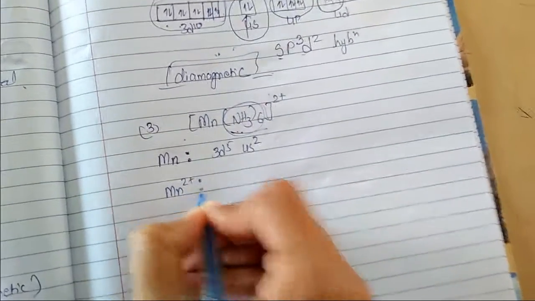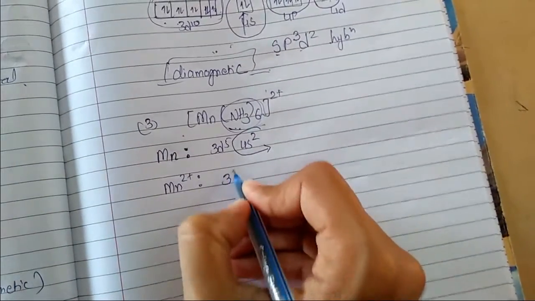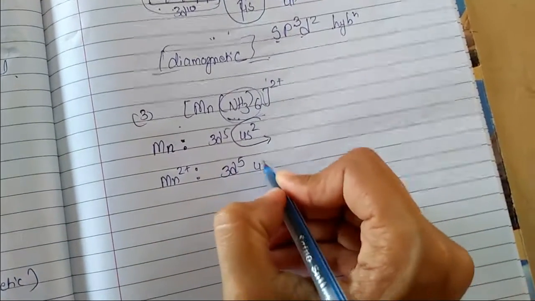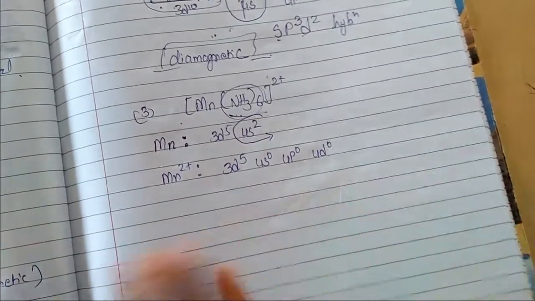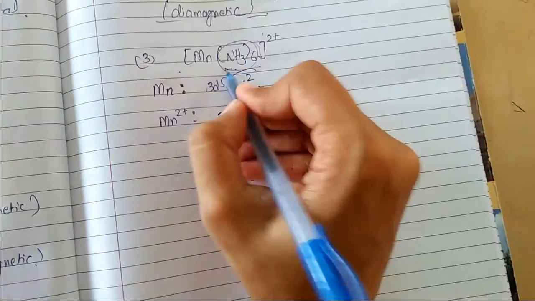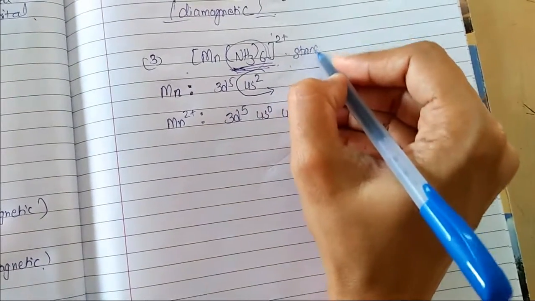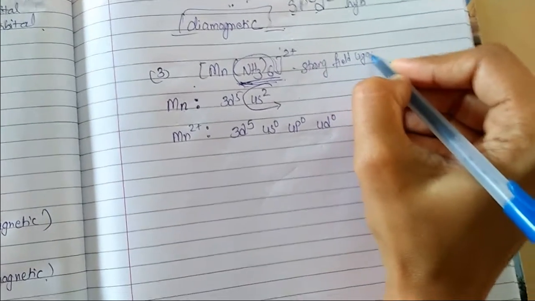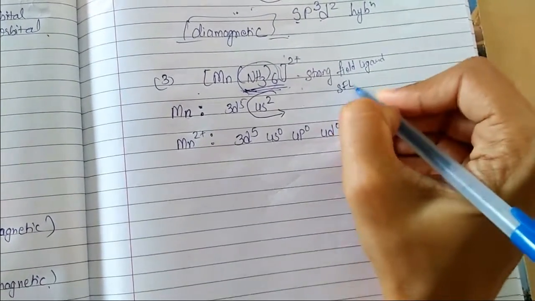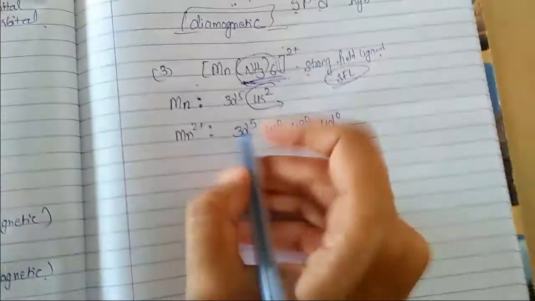So in Mn plus 2, the 2 electrons will be removed from 4s, and it will give 3d5, 4s0, 4p0 and 4d0. Now this amine is a strong field ligand. In short, I will write SFL, so you can understand this as strong field ligand.